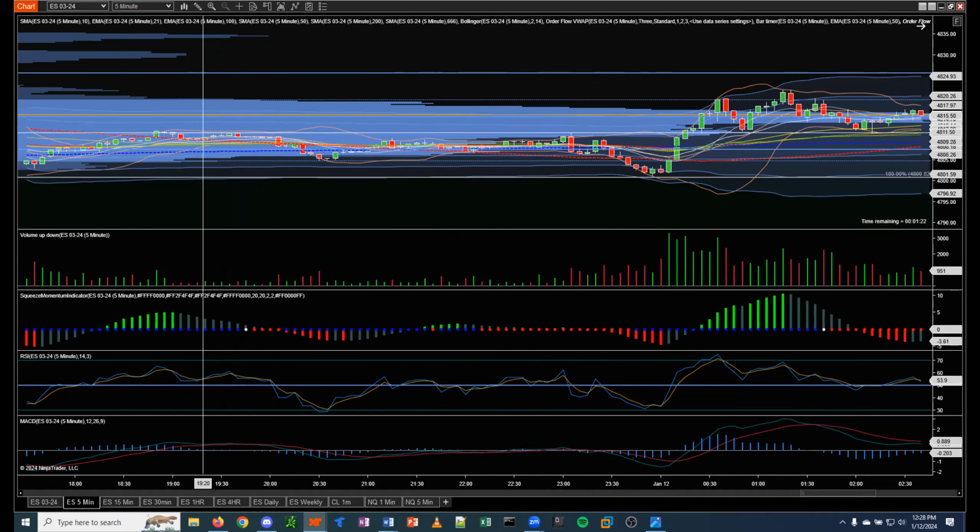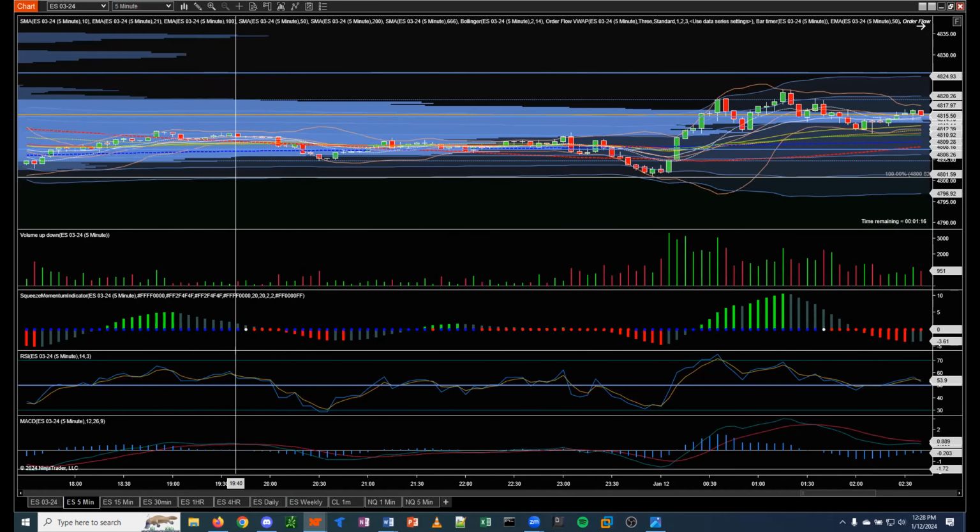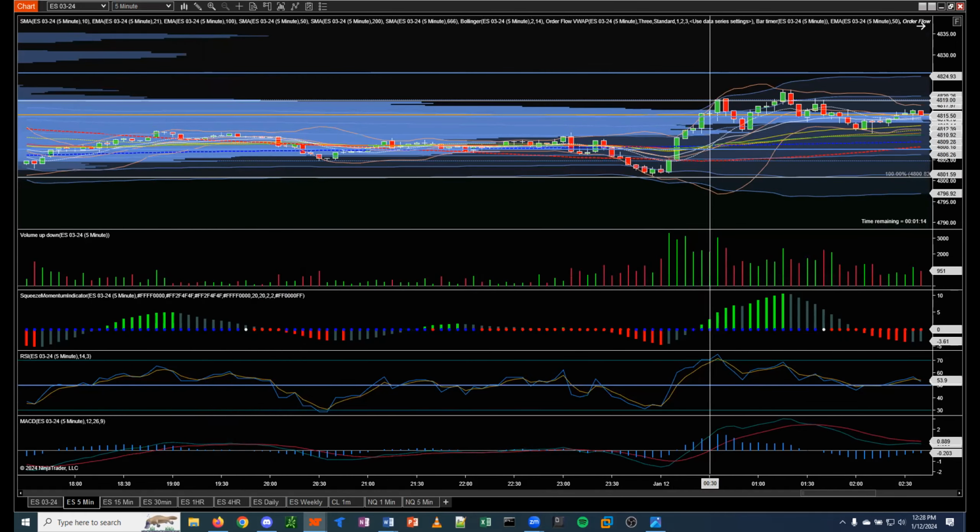It's at maximum resistance. So if it's like this, you always gotta look back because there might be structure to the left. That structure might be right here.